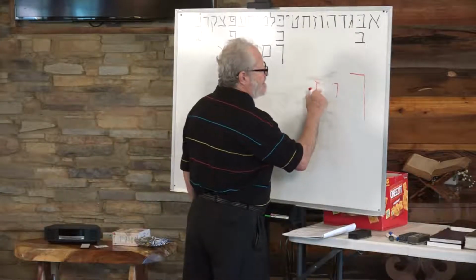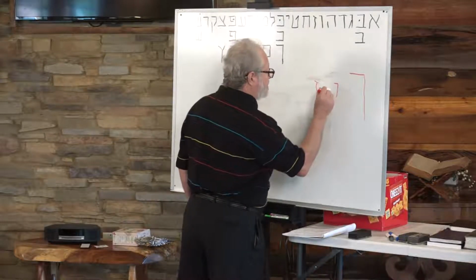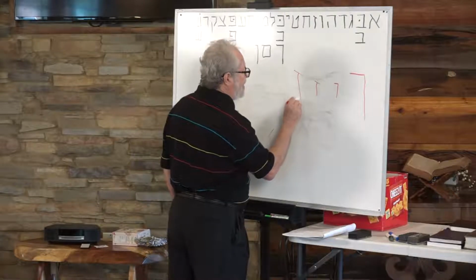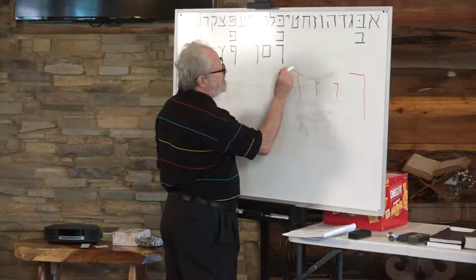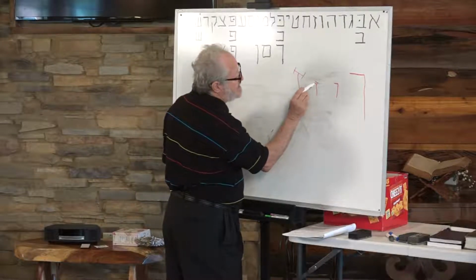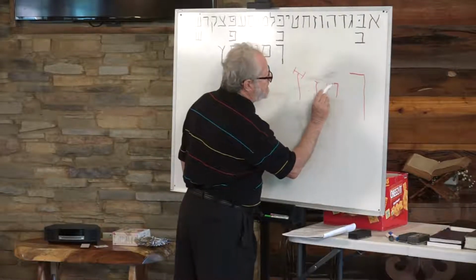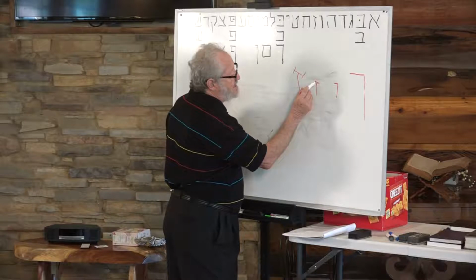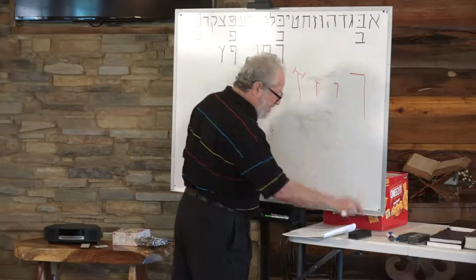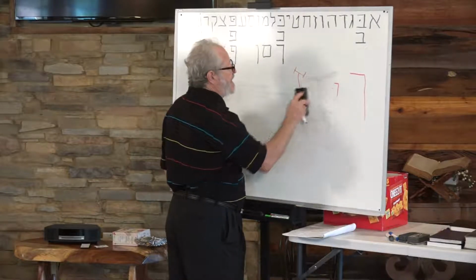The zayin, very large. I'll do the zayin over here, very large. It comes from the center of the top. However, this section right here is the same length as this. It's just that the stem comes down from the center rather than from the corner. That's the difference between the vav and the zayin.